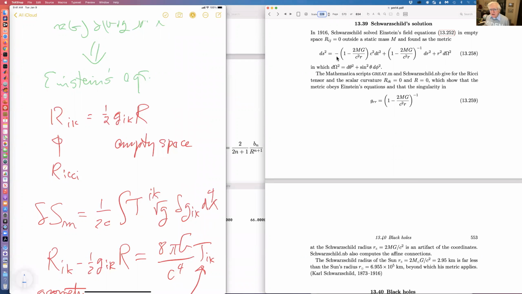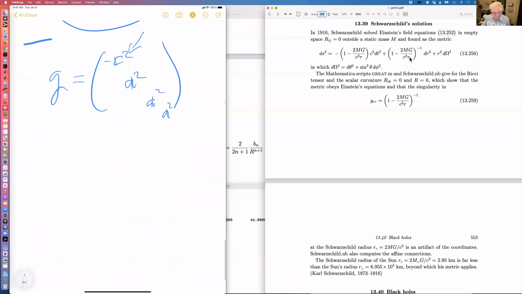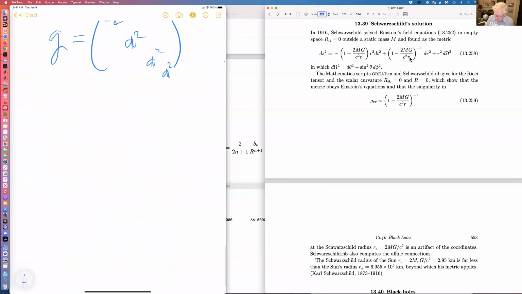So this is the line element, ds squared. And of course, in this expression, what we're talking about here, why don't I switch to black maybe? What we're talking about here is, of course, ds squared is equal to g_ik dx^i dx^k.